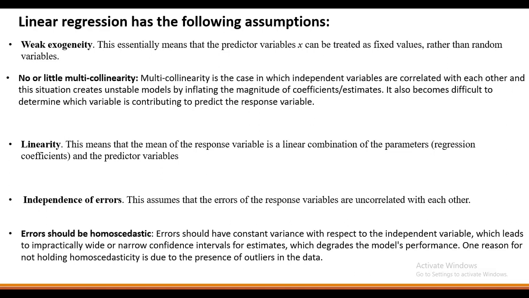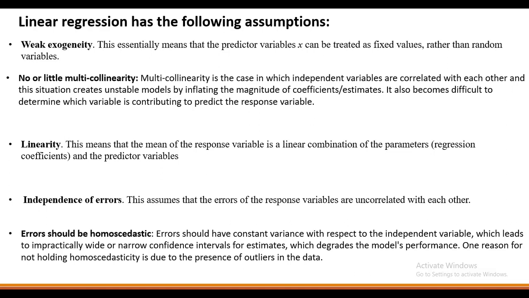Then for linearity, this means that the mean of the response variable is a linear combination of the parameters and the predictor variables. Then for independence of error, this assumes that the errors of the response variable are uncorrelated with each other.